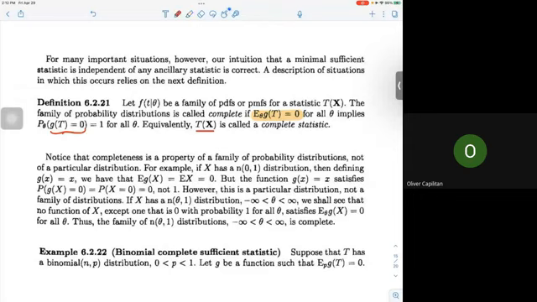We can write that. A family of probability distributions is complete if the expectation of g of t given our parameter theta is equal to 0 for all theta. This would imply that the function g of t will be equal to 0 with probability 1 for all theta.